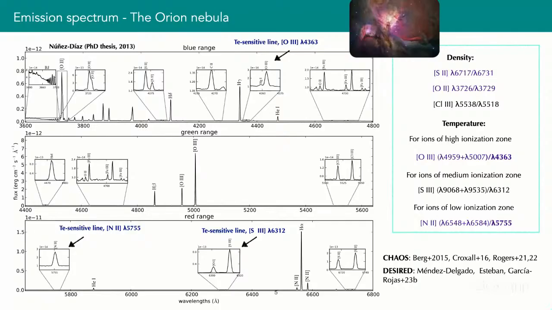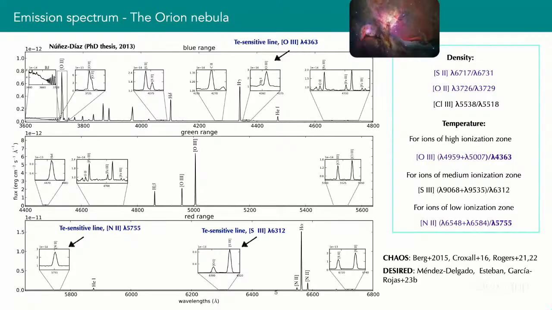There are critical lines that we need to calculate the density and the temperature of the gas. For example, here I show 4363. That is a line that you will commonly see also in my talk. We have other lines, so for [O III], we have [N II], that are really very important for that. And you also see that these are very weak lines in comparison with, for example, other lines like H beta.